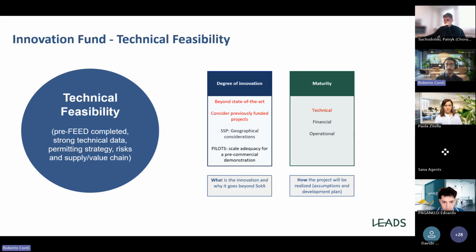The degree of innovation answers what the innovation is and why it goes beyond the state of the art. The maturity answers the question how the project will be realized, so talking about the development plan and technical and operational maturity.